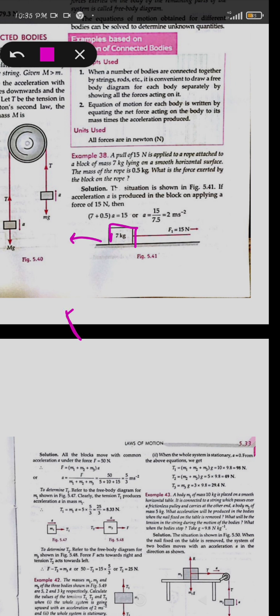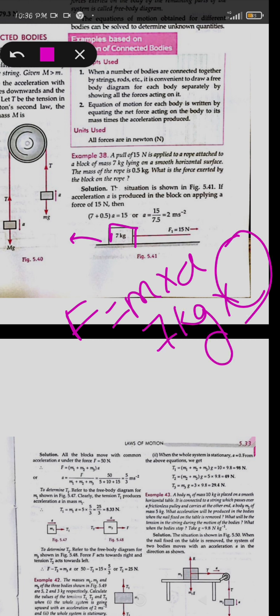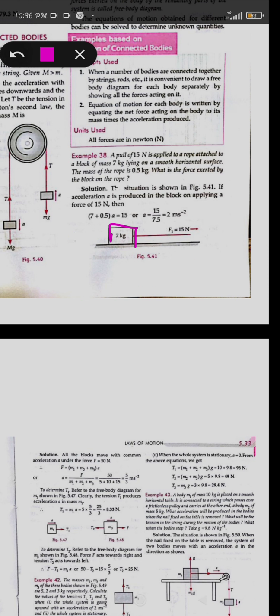We have to find the force, which is equal to mass into acceleration. Mass is already given, 7 kg, and for acceleration we have to find it. Then, on multiplying it by the mass of the rope, we can find the force exerted by the block on the rope, because the weight of the rope will be used.